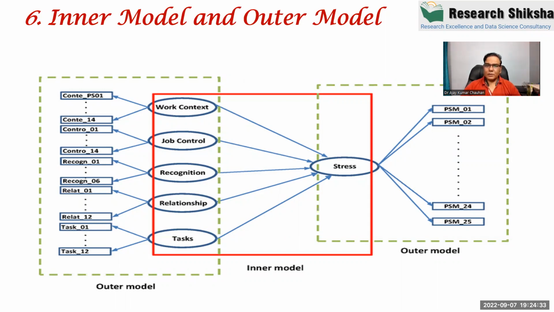So the relationship between the construct and the item represents the outer model. When the software asks you, the inner model means the model representing the relationship between the constructs, and the outer model represents the relationship between the construct and the item.